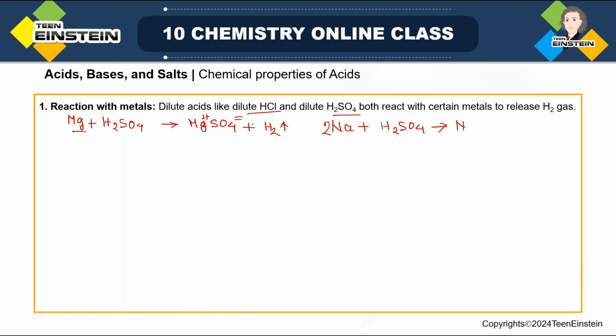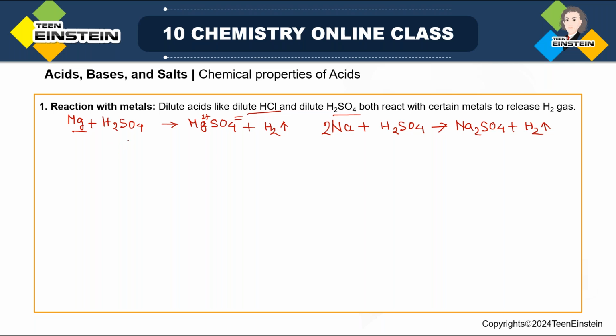Now sodium has oxidation state +1, so you need 2Na plus to match with the charge of sulfate. That is by the formula Na2SO4. And just like the previous case, here also hydrogen will be liberated as gas. Now these two examples are with H2SO4, and remember it should be dilute acid, not concentrated.